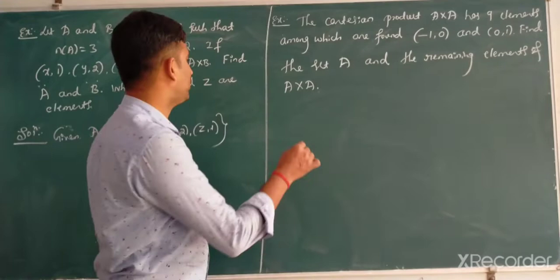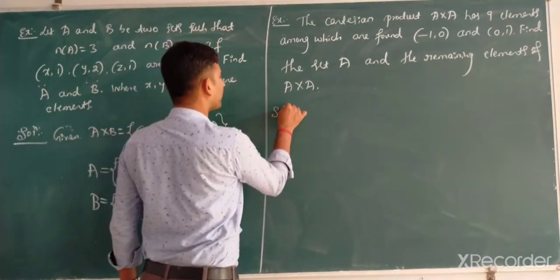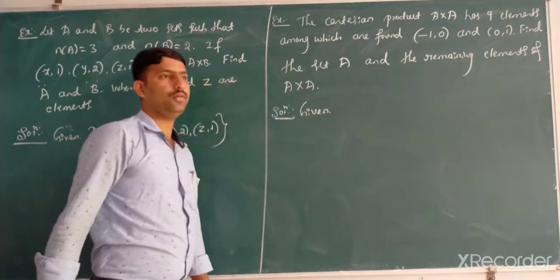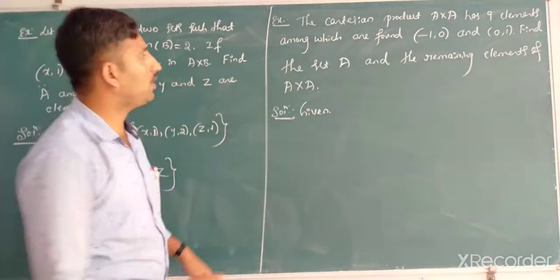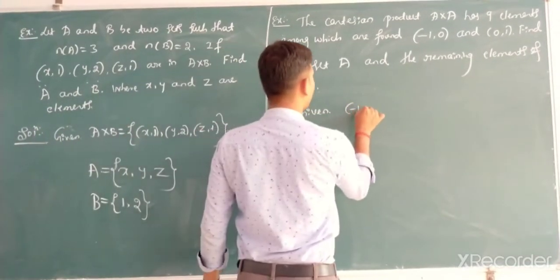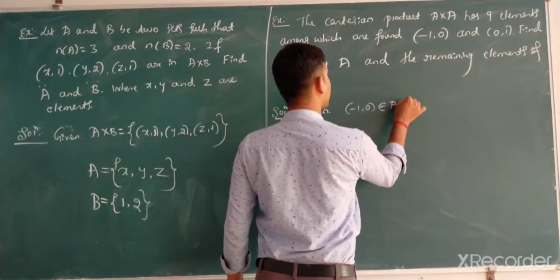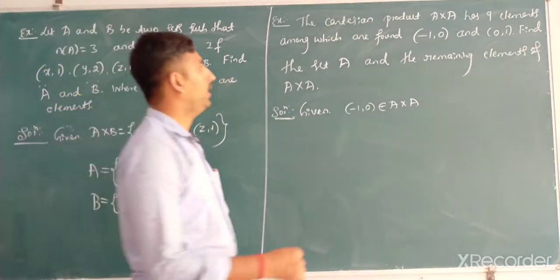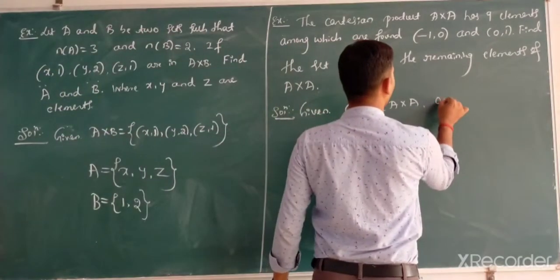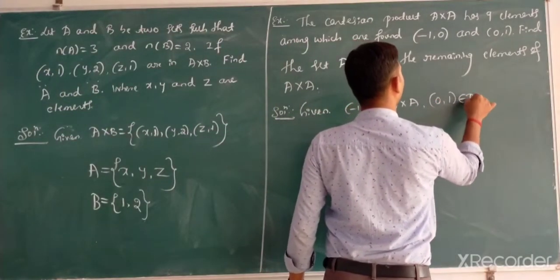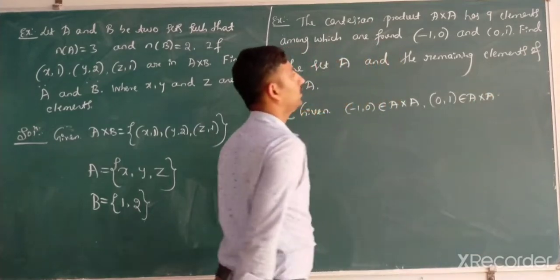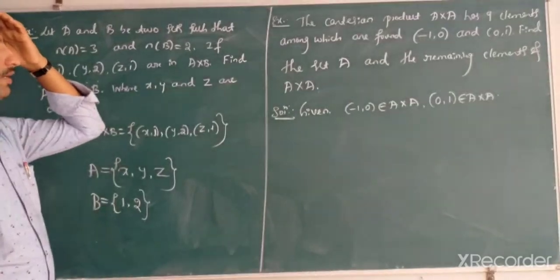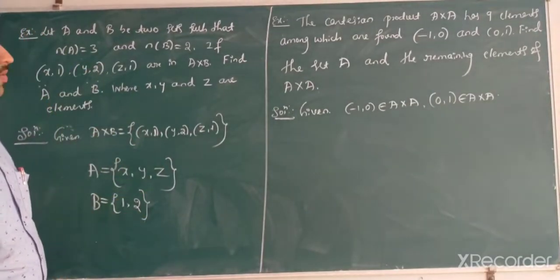Just to observe what they are given: (-1, 0) belongs to A cross A. After that, (0, 1) belongs to A cross A. Correct? There are 9 elements.